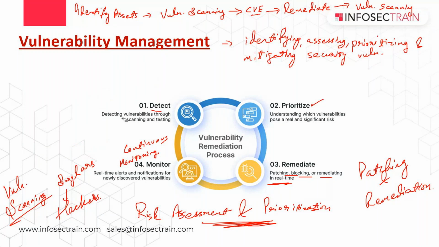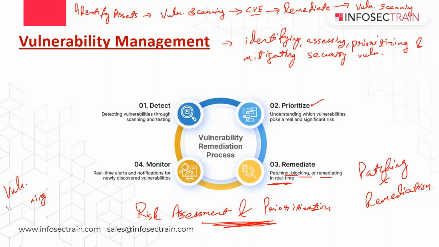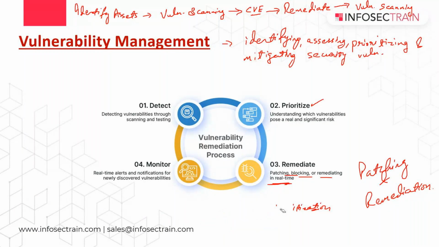So I'm going step by step. First step was we identified the assets which need to be scanned. Then the second step was to identify the vulnerabilities present over there, so we perform vulnerability scanning. Then we perform risk management and prioritization so that we can remediate it.